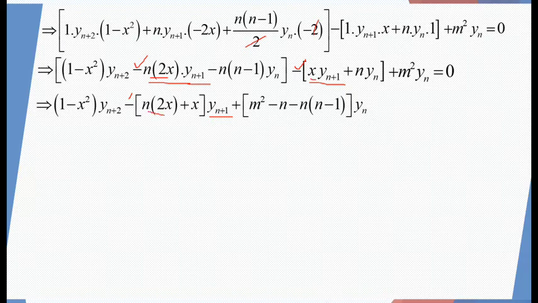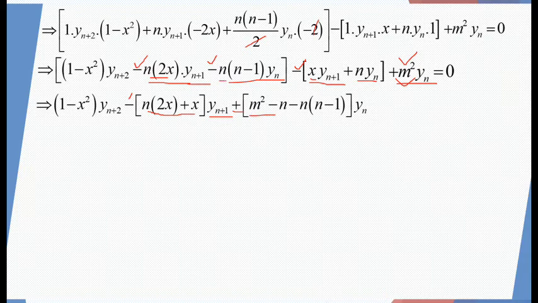So in the one bracket, n into 2x plus x. Same as for the yn, one function is there, one function is there, and one is there. These two are negative and this is positive. So if we take positive outside, then this m square will be here.